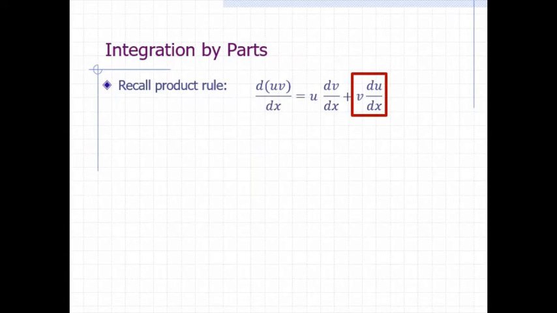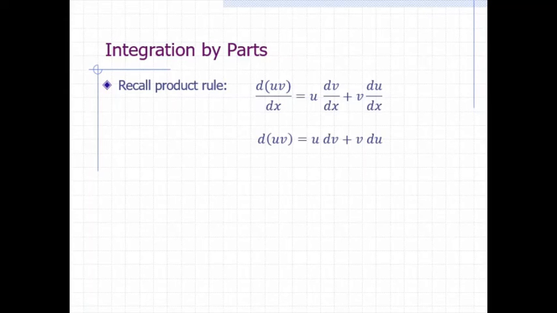If we multiply this expression by dx, dx cancels out and we get this expression. We read it as: the differential of u times v is equal to u times the differential of v plus v times the differential of u. Or we can just say d of uv is equal to u dv plus v du.